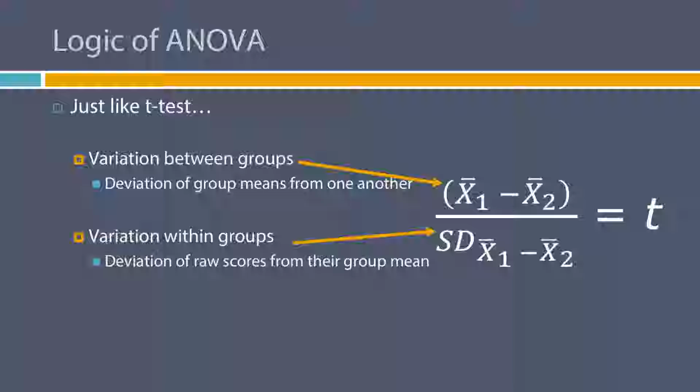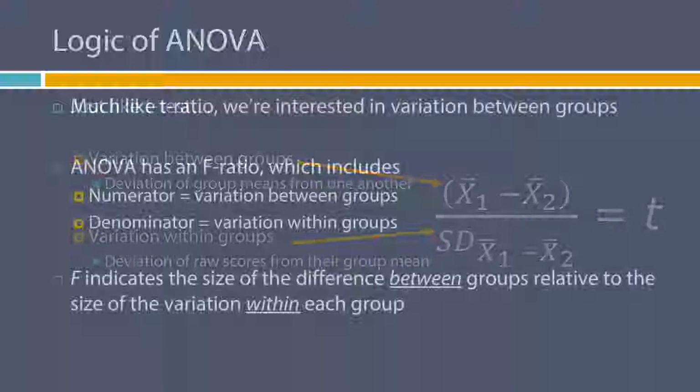So what this does for us is it calculates a standard deviation that's going on, on average, within each group. There's one standard deviation calculation that accounts for the variation going on within each group. So how much on average are the scores within each group close to the mean or far from the mean? So the t-test is doing the same thing that ANOVA is doing. We just calculate it differently.